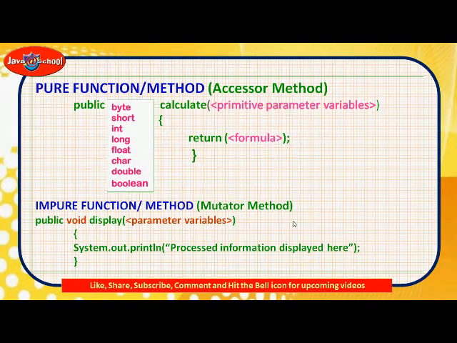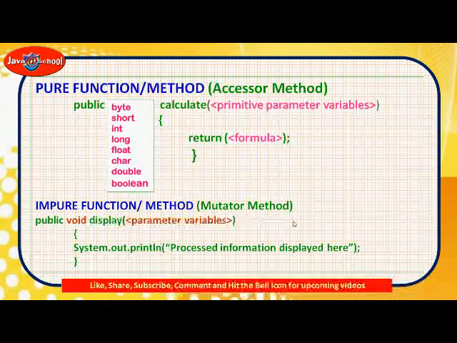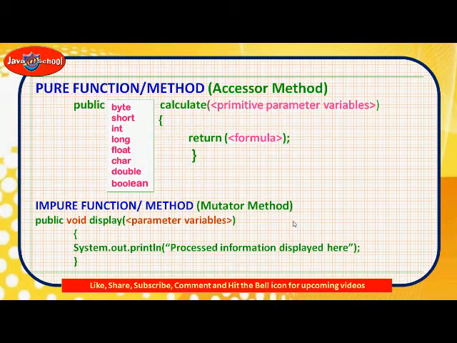Okay. Now the next one, impure function, or called mutator method. Why is it called mutator? Because it will alter or change the sequence or state of the data that is given inside. That means it will produce the answer not in one line, it will produce the answer in multiple lines. There can be more than one answer from a single function.